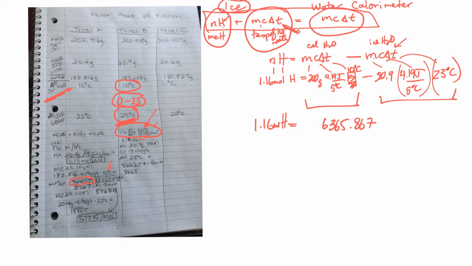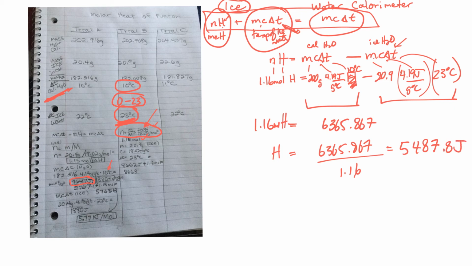That's good math, and it helps with formulas. Now I have to divide, since I'm looking for H, so it'll be 6365.867 divided by 1.16.